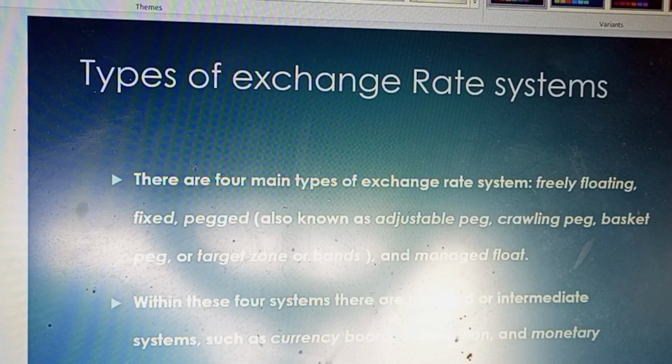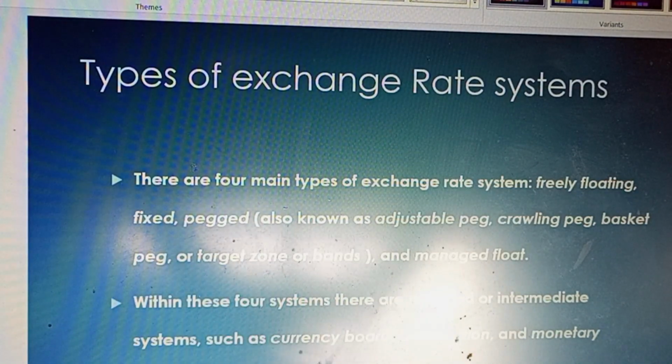Please, the pegged exchange rate system is also known as adjustable peg, crawling peg, basket peg, or a target zone or bands. Please do not consider these as other forms of exchange rate. It's only the peg that has all these different names.